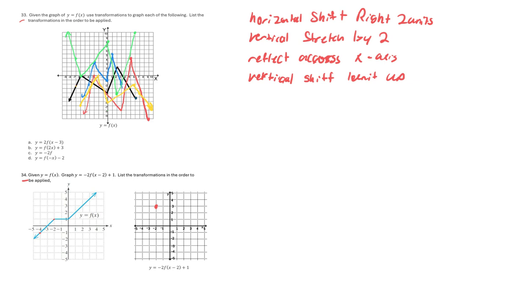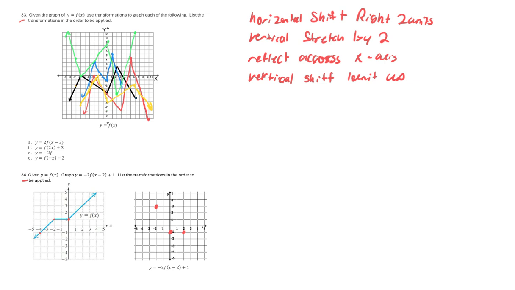So we should be at 0, -1 for that point. And we'll do the same thing for the 0, 1 point. Shift 2 units to the right, so we'll be at 2, 1. Multiply by 2, we'll be at 2, 2. Reflect across the x-axis to -2. And then shift up by 1, we'll be at 2, -1.